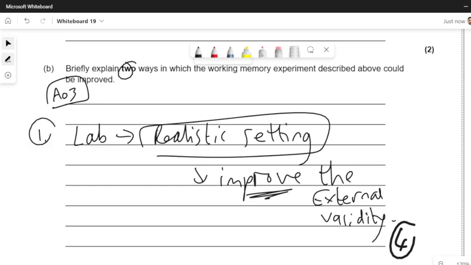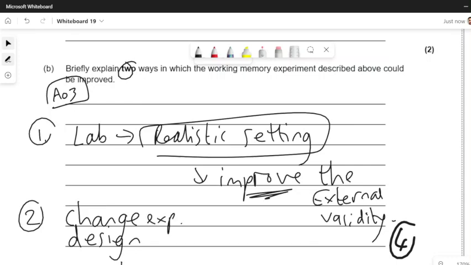And then I would potentially go down the route of changing the design. So change the experimental design from an independent groups potentially to a repeated measures, but you have to say why.